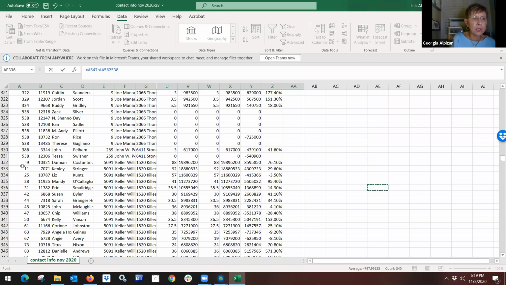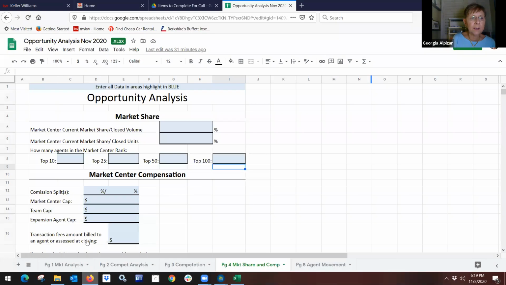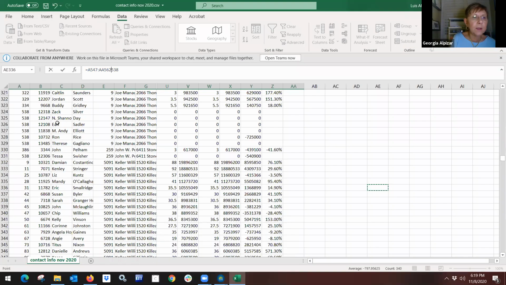So you've got 2 here because this is 9 and 11. I think the first one said, go back and look at this. Top 10, 25, 50, and 100. So I believe this is going to tell us the top 10. We've got 1 in the top 10. We've got, well, I guess you got 2 in the top 25.